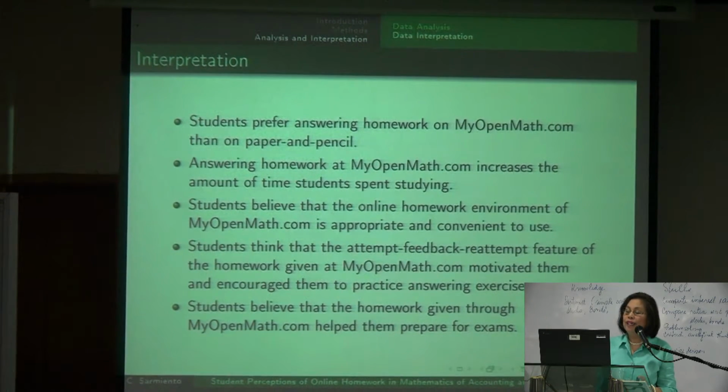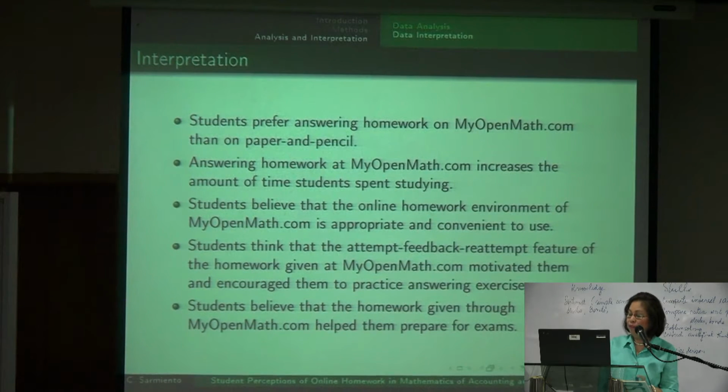And it increases the amount of time students spend studying, and is appropriate and convenient to use. And that attempt, feedback, reattempt feature motivated them and encouraged them to practice answering exercises. Homework given through My Open Math helped them prepare for exams.